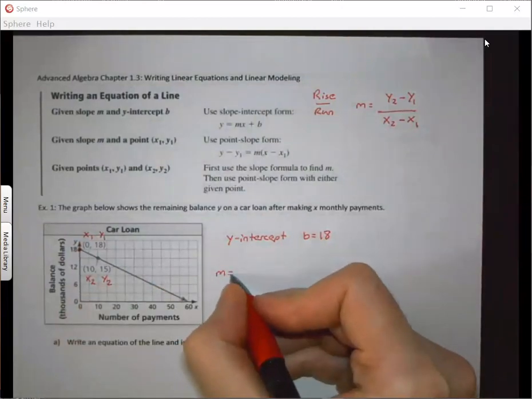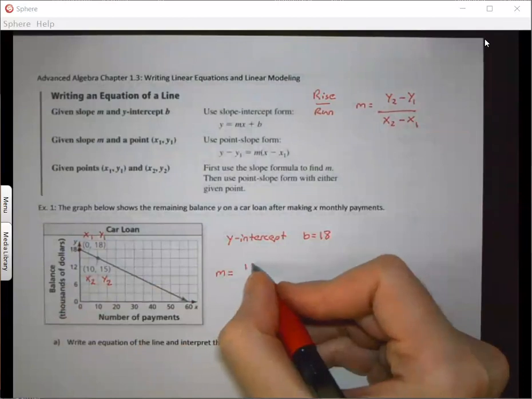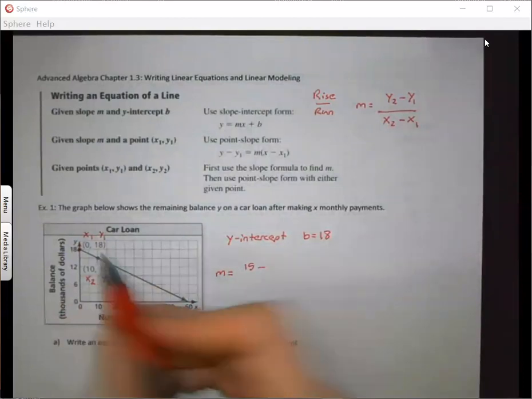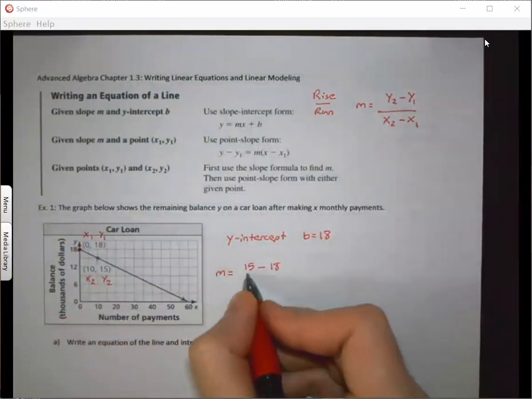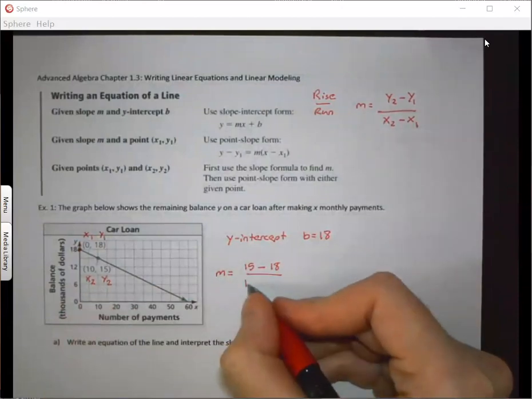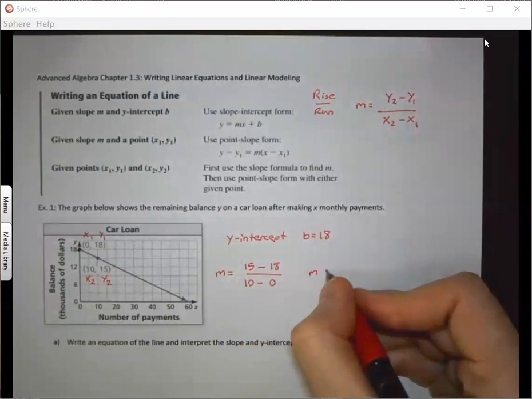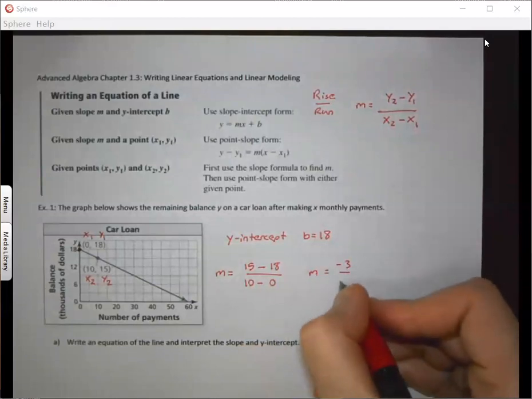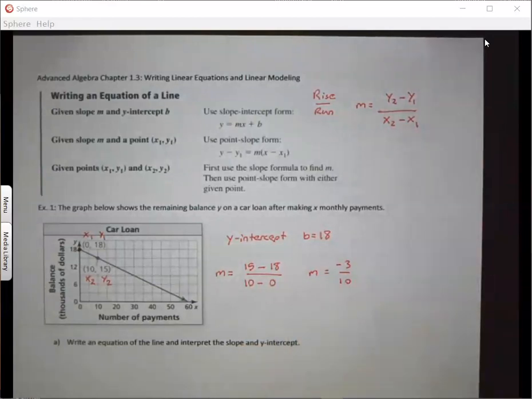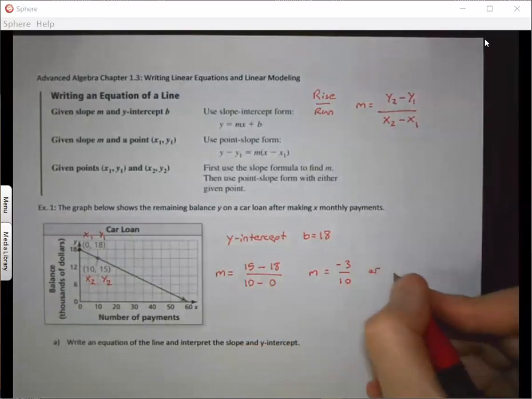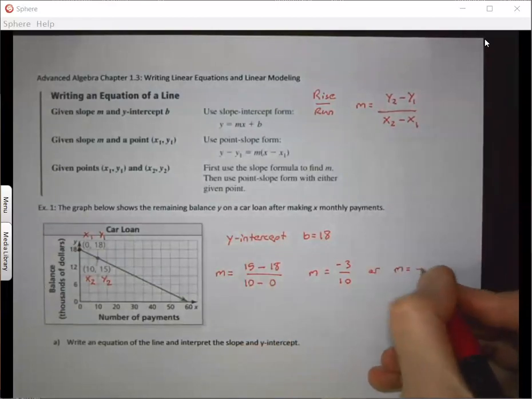So my slope, y2 minus y1 over x2 minus x1. My slope is -3/10.